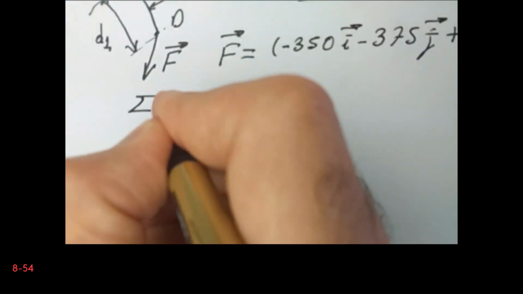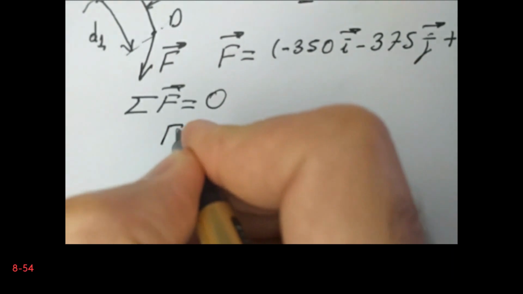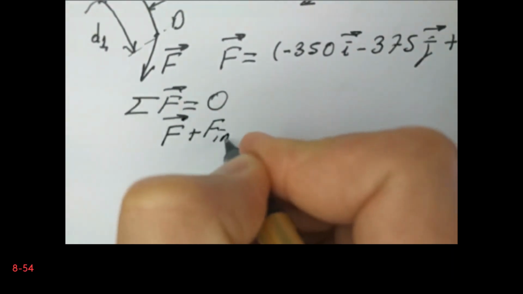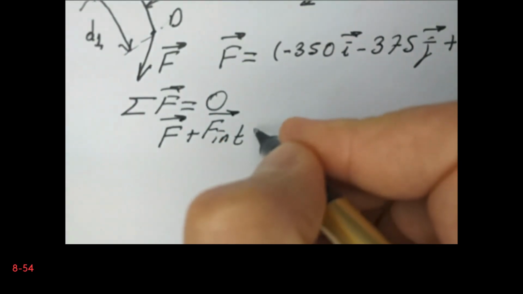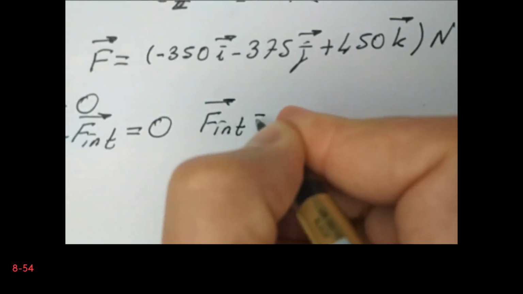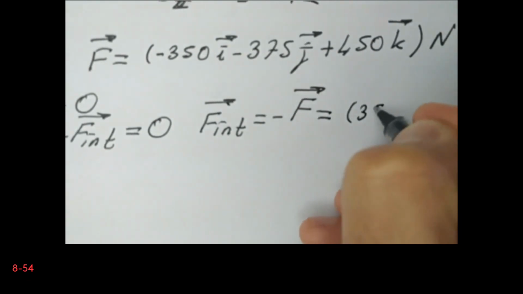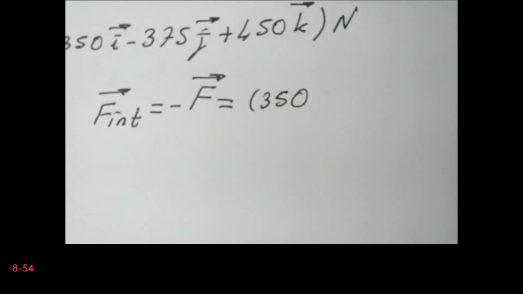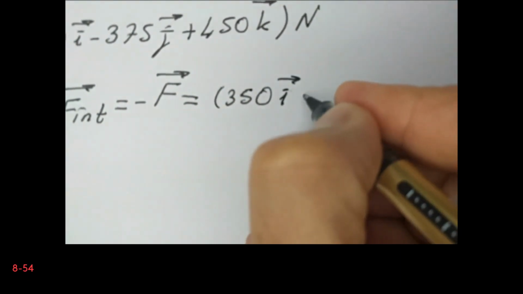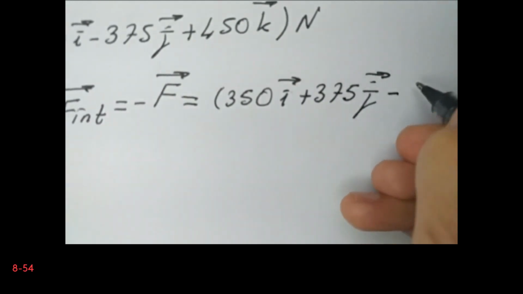So the sum of the forces has to be equal to 0, which means that F plus the internal forces has to be equal to 0, and from here the internal force is equal to minus F, and that's equal to 350 I vector plus 375 J vector minus 450 K vector in newtons.